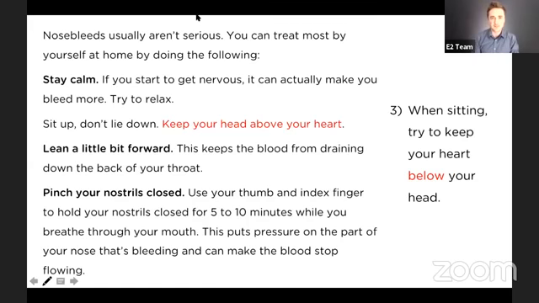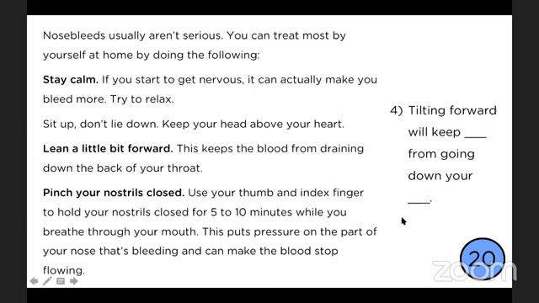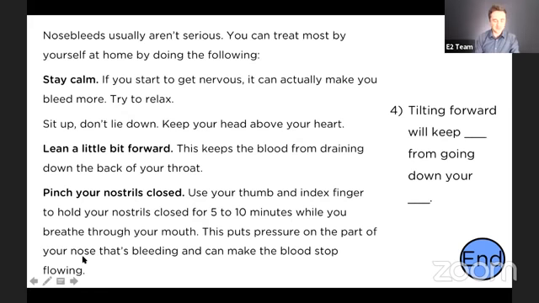Let's do another one. All right, let's go through the answer here.